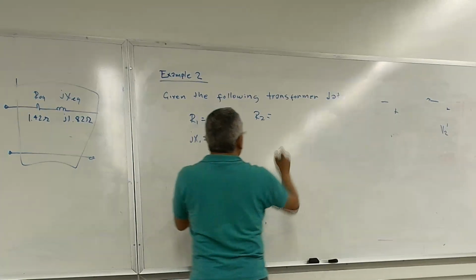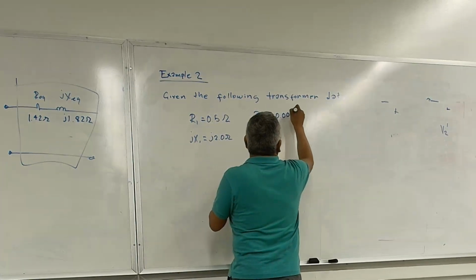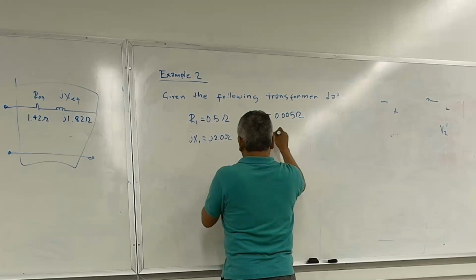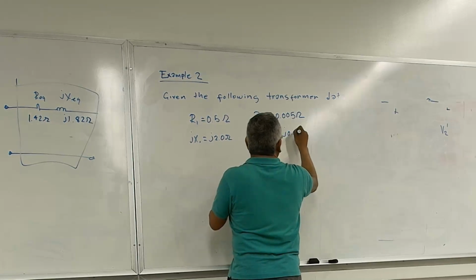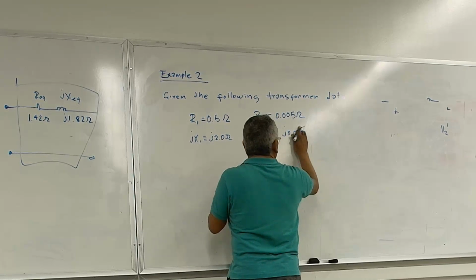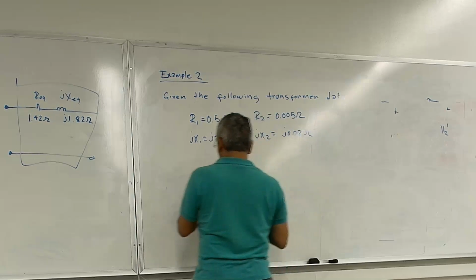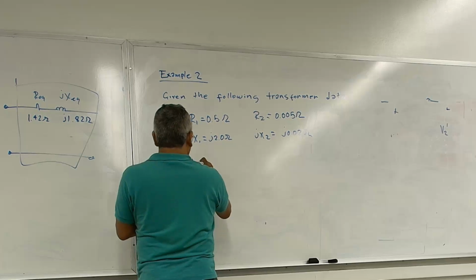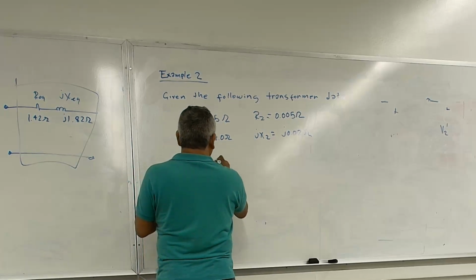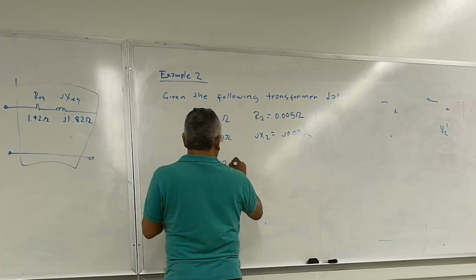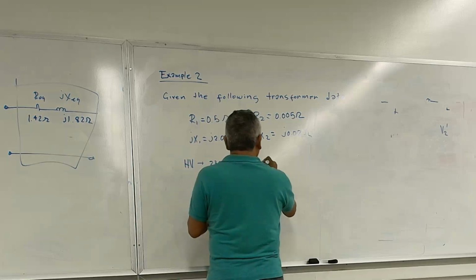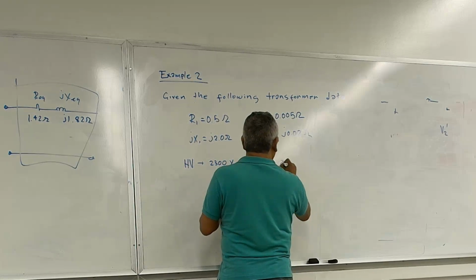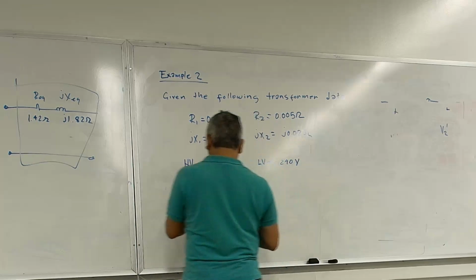R2 is equal to 0.005 ohms. JX2 is equal to J0.02 ohms. High voltage side is 2300 volts. Low voltage side is 240 volts.